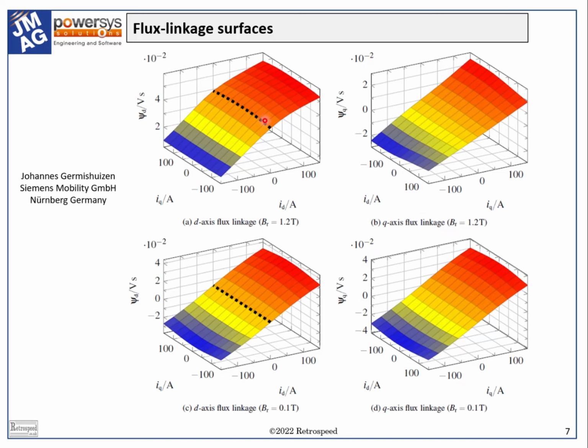We can see from the surfaces that when the current is flowing, there is in fact no unique way to isolate the magnet flux linkage from the D-axis armature reaction, although there are several practical algorithms described in the literature, including one in the EPE paper.